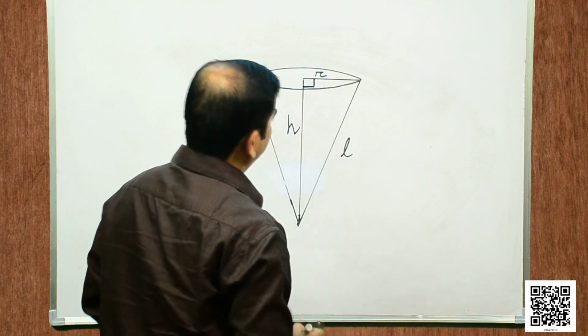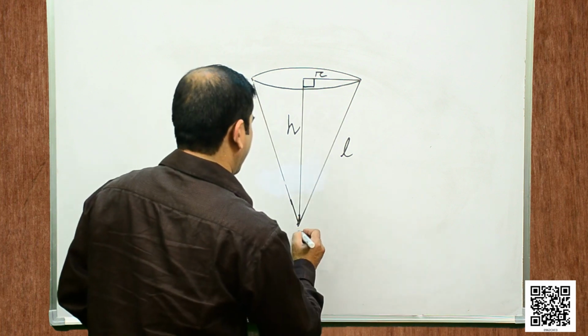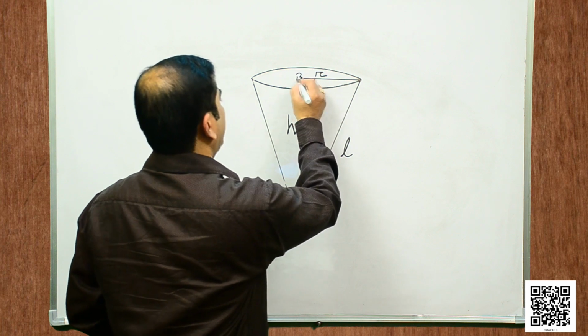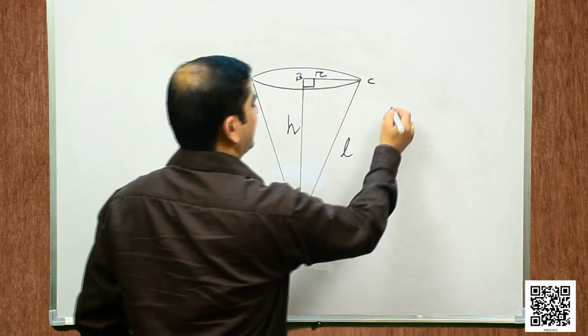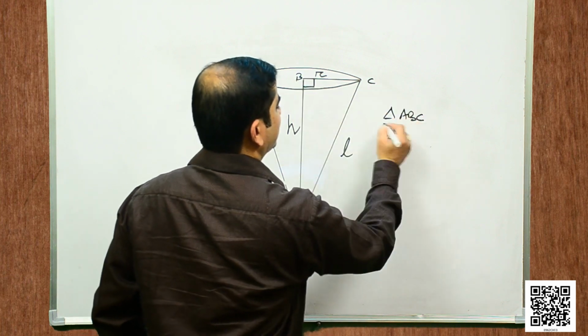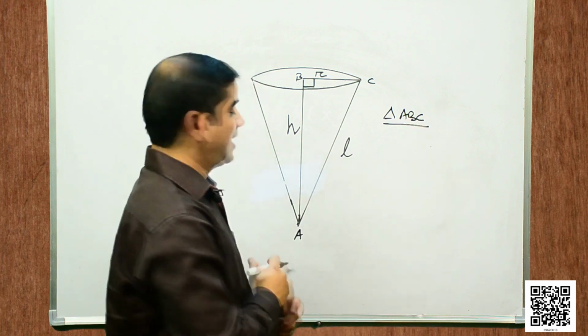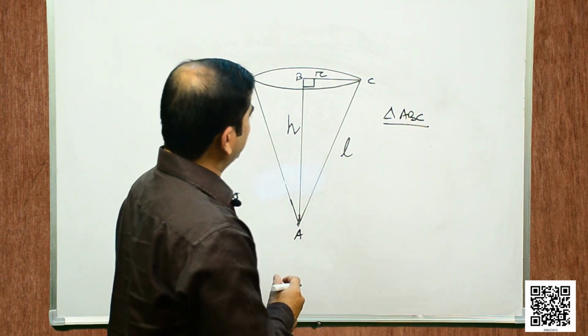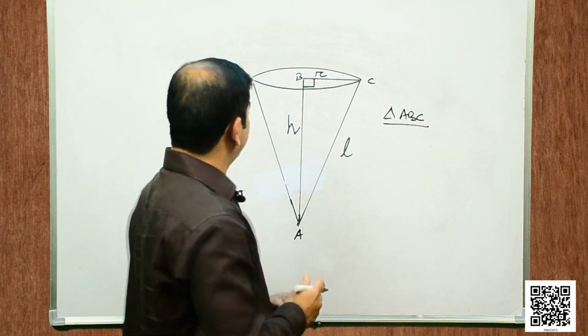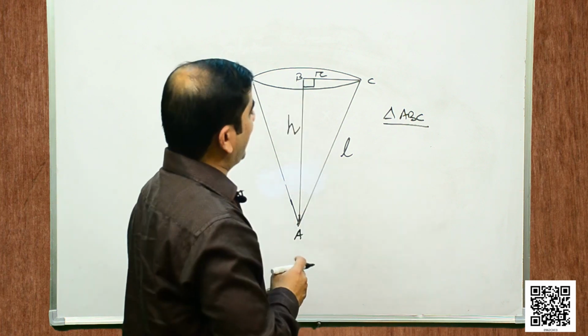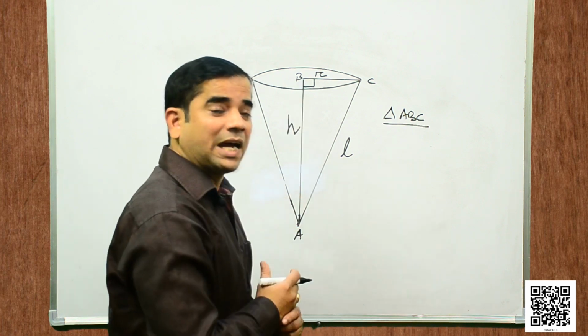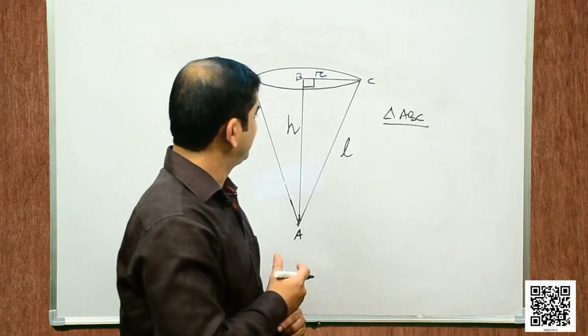Just observe that if I name the points A, B and C, triangle ABC is a right angle triangle. That means L is the hypotenuse, H is the height, and R is the base of that right angle triangle.